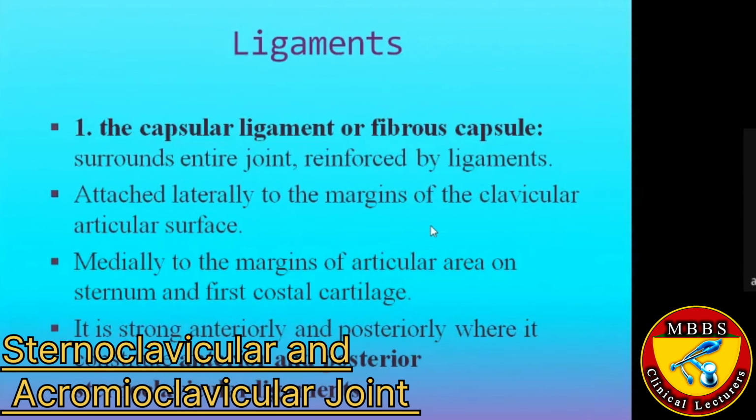Laterally, the fibrous capsule is attached to the margins of the clavicular articular surface. Medially, it is attached to the margins of the articular area on the sternum and the first costal cartilage. If you look at this fibrous capsule, it is thickened anteriorly and posteriorly, where it constitutes the anterior and posterior sternoclavicular ligaments.